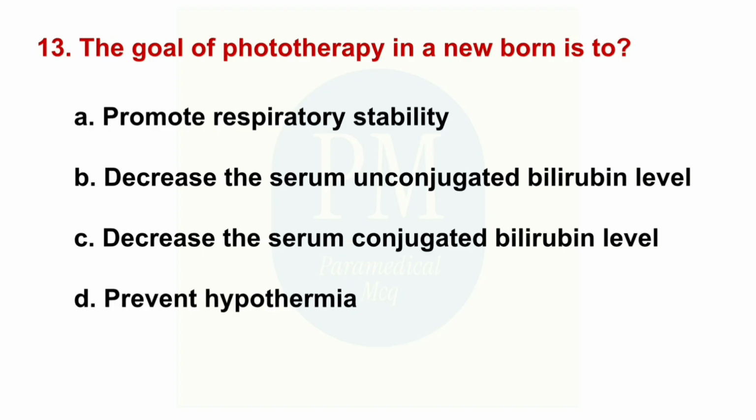The goal of phototherapy in a newborn is to option A, promote respiratory stability, option B, decrease the serum unconjugated bilirubin level, option C, decrease the serum conjugated bilirubin level, option D, prevent hypothermia. The correct option is option B, decrease the serum unconjugated bilirubin level.